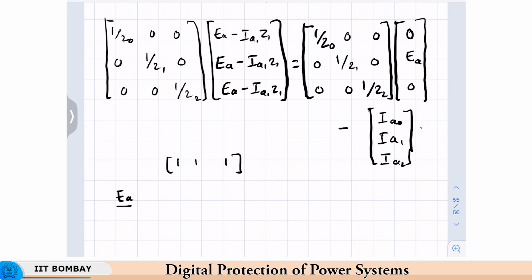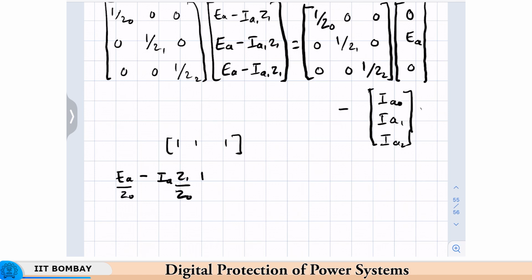So, EA by Z0 minus IA1 Z1 upon Z0, plus EA by Z1 minus IA1, plus EA by Z2 minus IA1 Z1 by Z2, is equal to EA1 by Z1. What happens to this row here is, since IA is equal to 0, IA0 plus IA1 plus IA2, we will get here one term of IA0 plus IA1 plus IA2, which is 0.